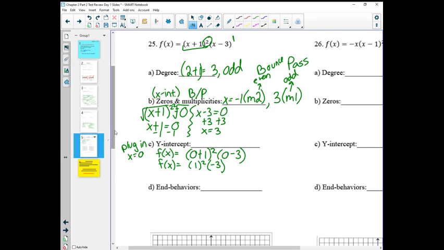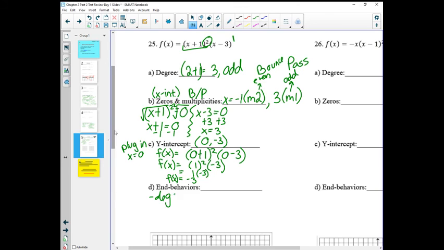That was because of PEMDAS: I simplified the inside of the parentheses first. 1 squared is 1, times negative 3 is negative 3. So there's your y-intercept. 0 was the x I plugged in, and negative 3 is what we got out for the y. Now let's state the end behaviors.